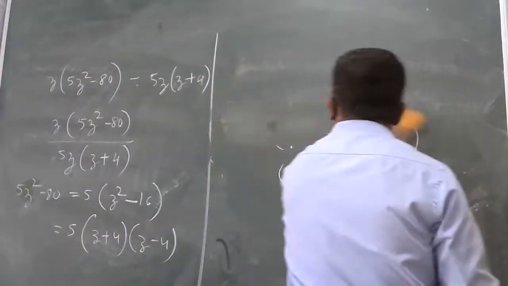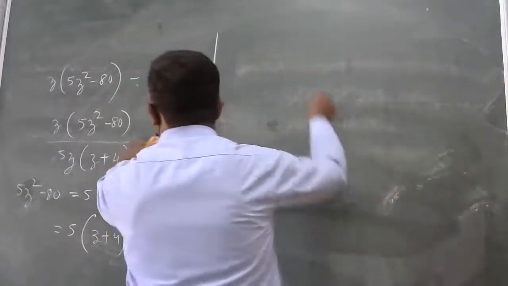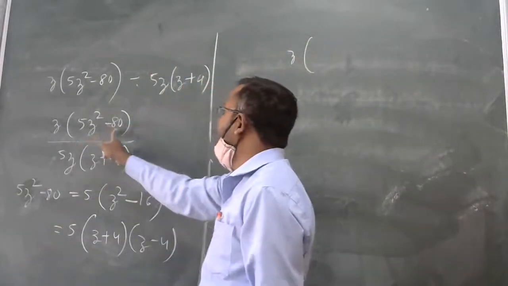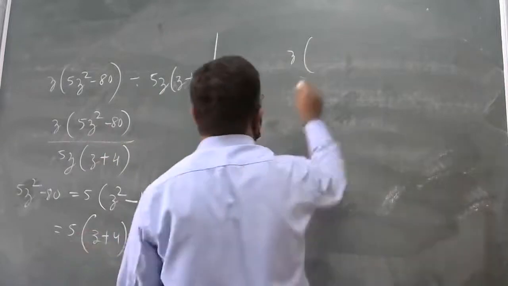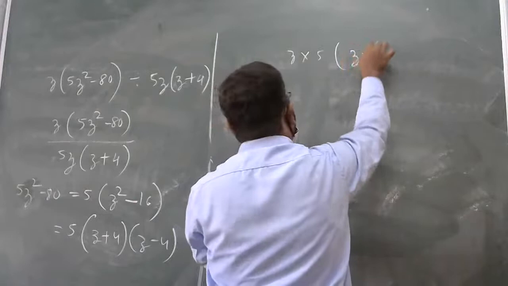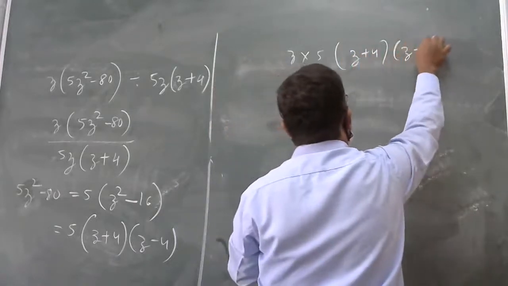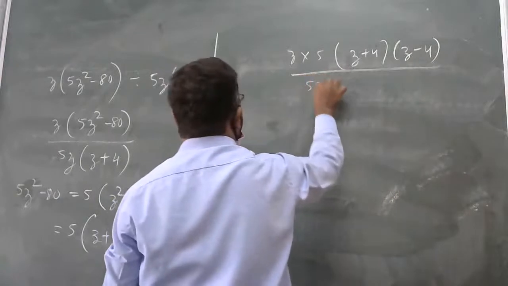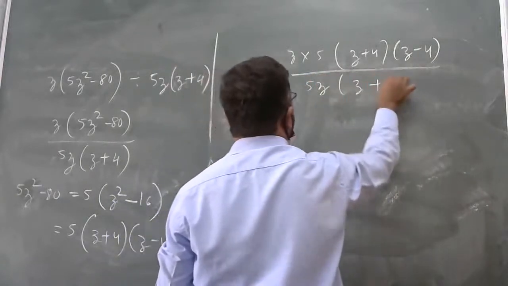So now we'll write it once again, z into 5z square minus 80, we can write it as 5 into z plus 4 into z minus 4 all divided by 5z into z plus 4.